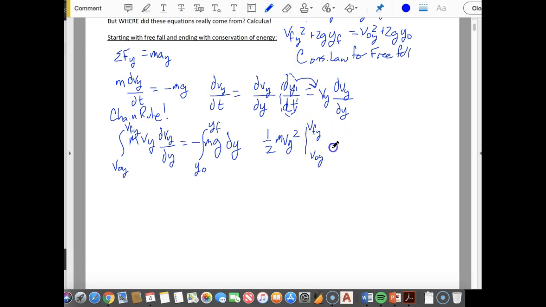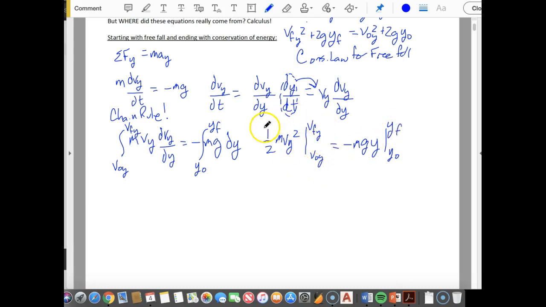And then on the other side we've got negative mg, and then we're differentiating here using the dy, so that now becomes y, and we're going to go from y original to y final.